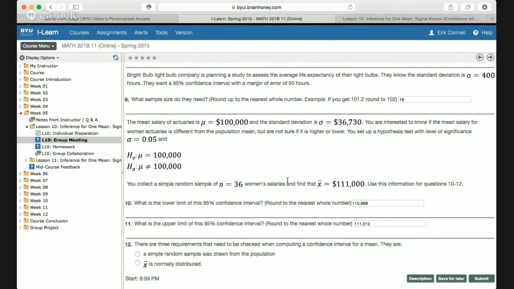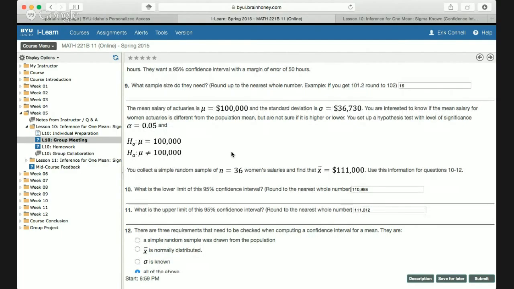What did you do for that one? I took 100. Oh, you used the 111,000 number. Yeah, I used X bar. Oh, you're using mu. Oh, okay. So I did it wrong.